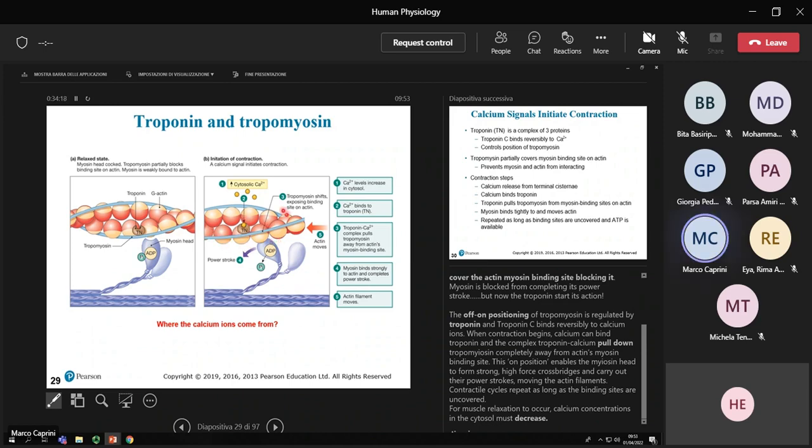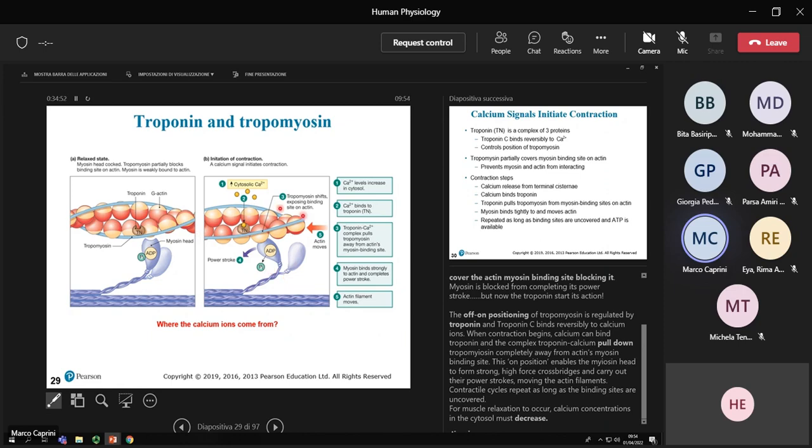Contractile cycles repeat as long as the binding sites are uncovered, as long as the calcium ions are in the cytosolic part of the cell. What is important for muscle relaxation to occur? The calcium concentration in the cytosol must decrease, and rapidly.